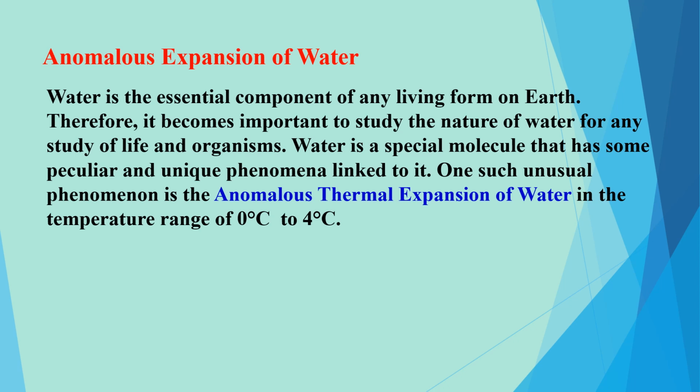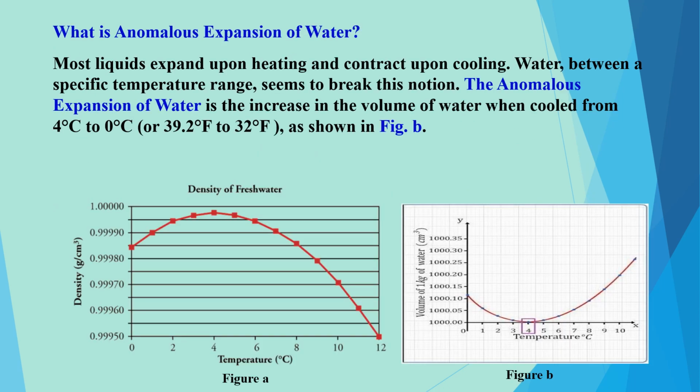One such unusual phenomenon is the anomalous thermal expansion of water in the temperature range of 0 degrees Celsius to 4 degrees Celsius. What is anomalous expansion of water? Most liquids expand upon heating and contract upon cooling.